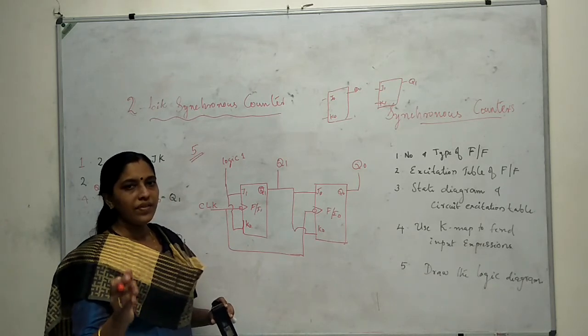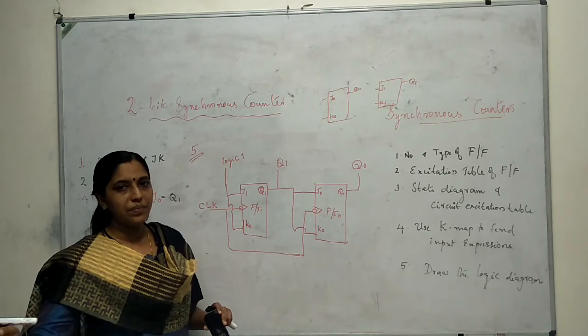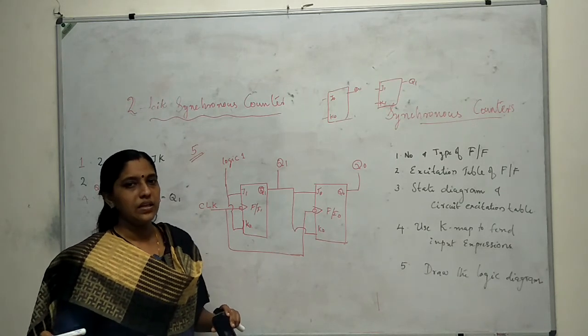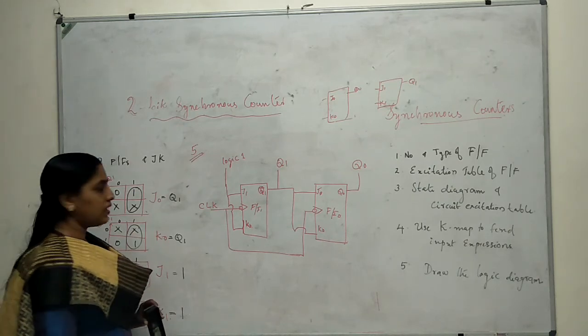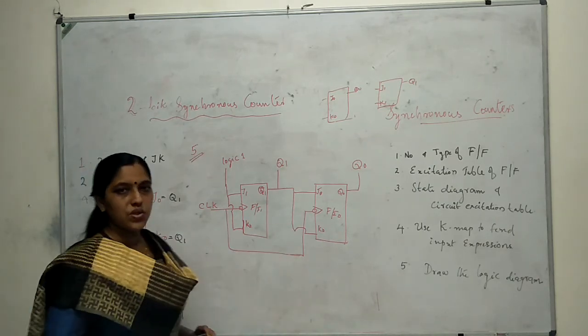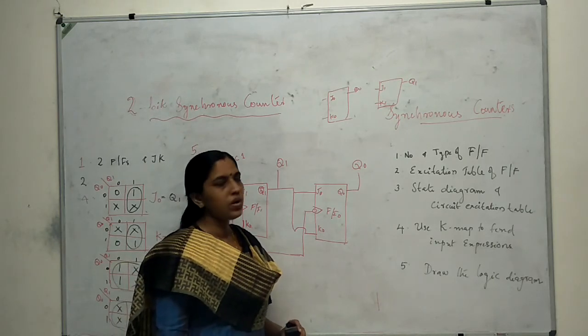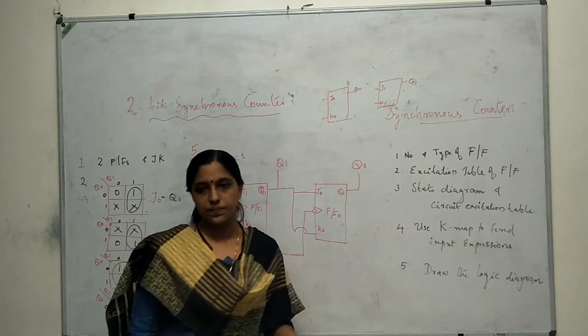So you have to have 3 flip-flops: J0, K0, J1, K1, and J2, K2. For each of those inputs, you have to find the logic expression, then realize this using the logic diagram. Okay, so that is all about this synchronous up counter.